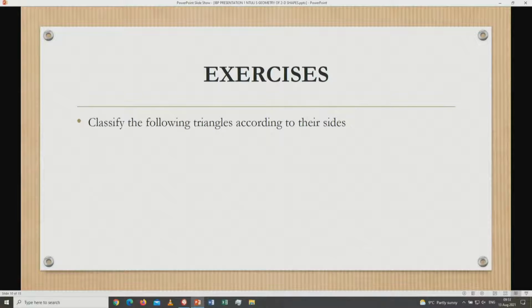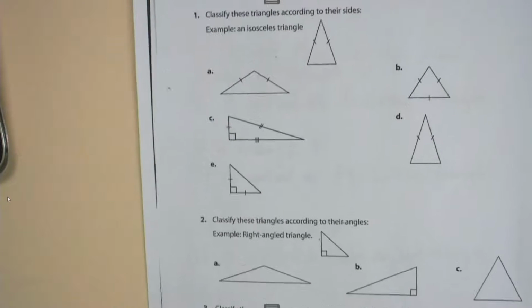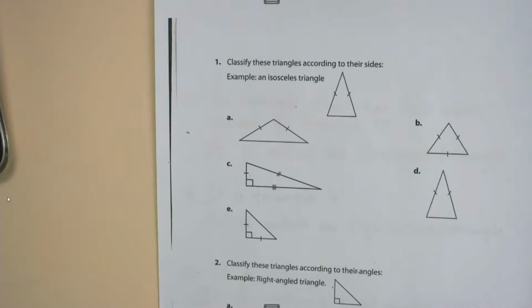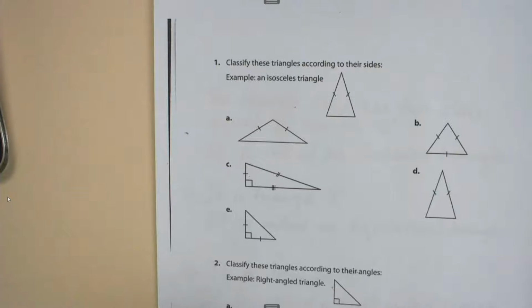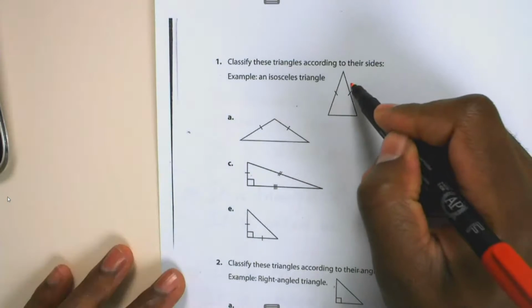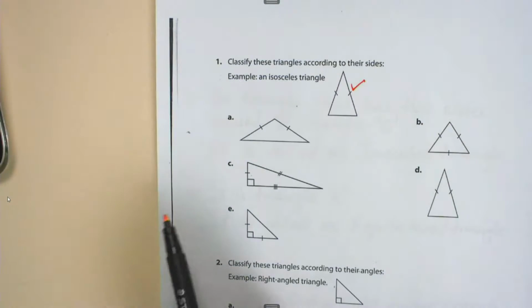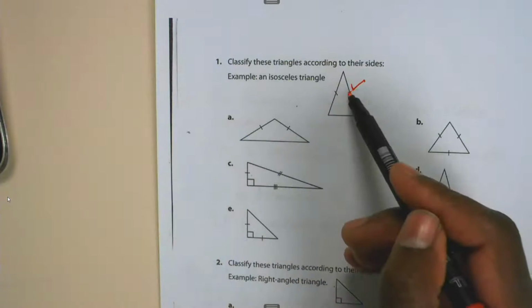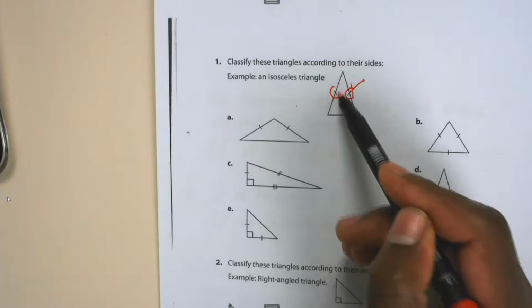Now, let us classify the following triangles according to their sides. Here, we have as an example an isosceles triangle, which is this one. Why is it an isosceles? Remember, guys, we focus on the markings that are given to us there.